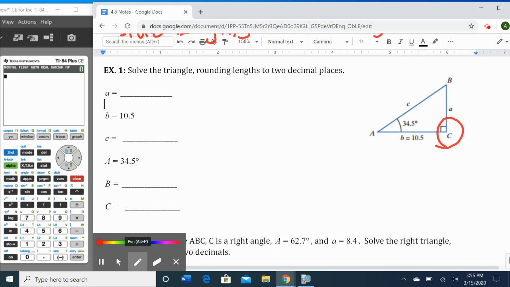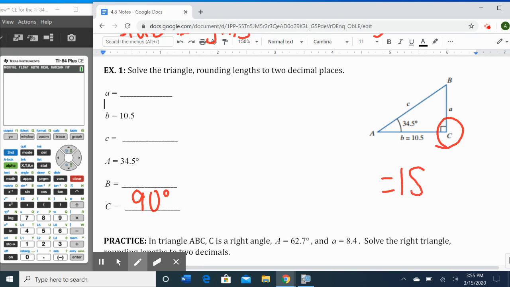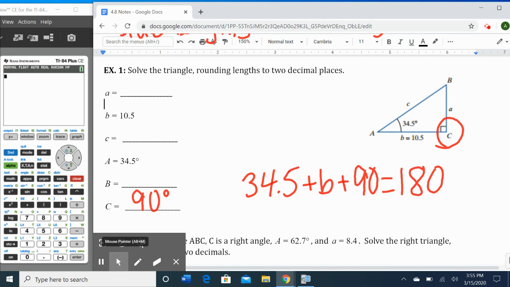So when I look at angle C, it's got that box. So right off the bat, I know that angle C is 90 degrees. Also, I can recognize, if I remember, what all the angles in a triangle add up to be, which is 180. And I can use that fact to find angle B, because angle A, 34.5, plus angle B plus angle C, which is 90, all have to add up to be 180.